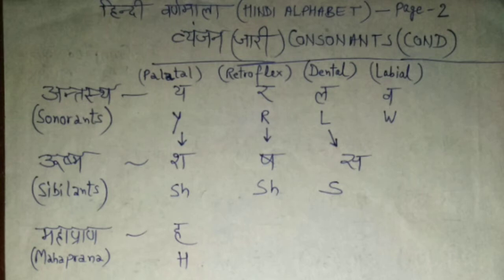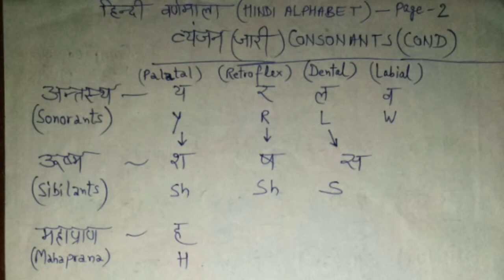Sean is the name, S-E-A-N. More Mahaprana sound attached to the sound of palatal sha. And then sa is completely dental. So three S sounds are there in Hindi: sha, palatal; sha, retroflex; and sa, a complete dental sound.